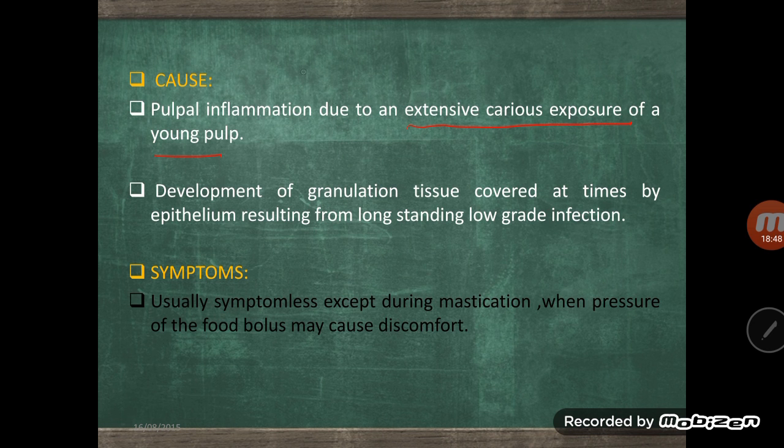It is most commonly seen in children and young people, with development of granulation tissue covered by epithelium resulting from long-standing low-grade infection. These are the peculiar words of chronic hyperplastic pulpitis.